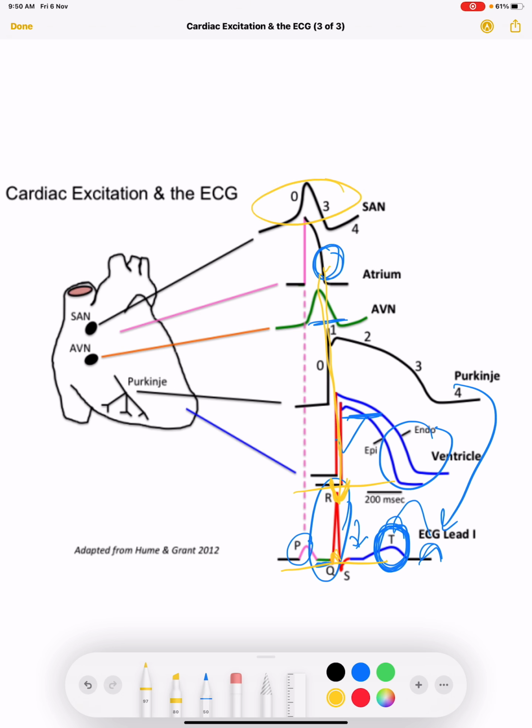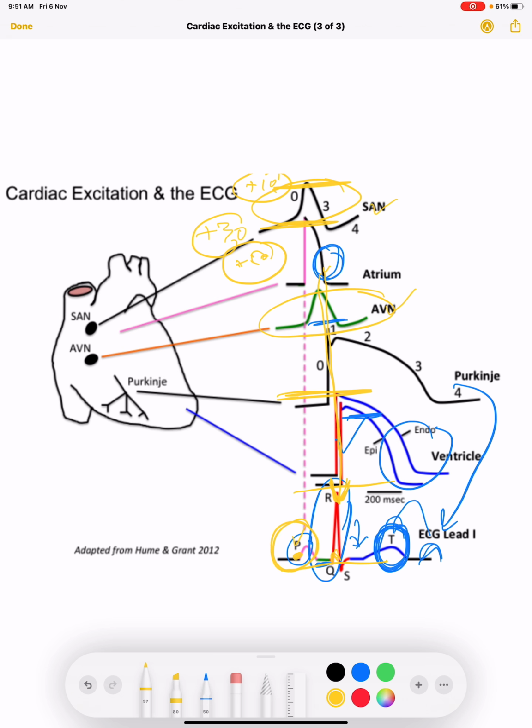Similarly, the voltage generated by SA node and AV node action potentials is difficult to see, because the SA node can go to maximum +1 as compared to the QRS complex or atrial depolarization, which can go up to 30 or sometimes 50 millivolts. So SA node depolarization might be at this point, but it cannot be represented in the ECG.